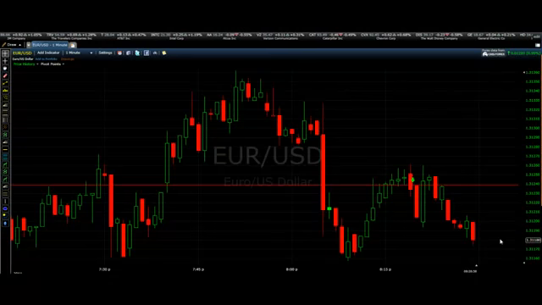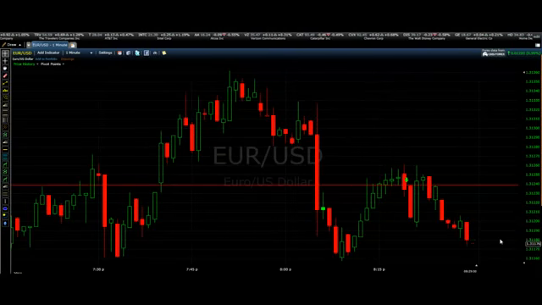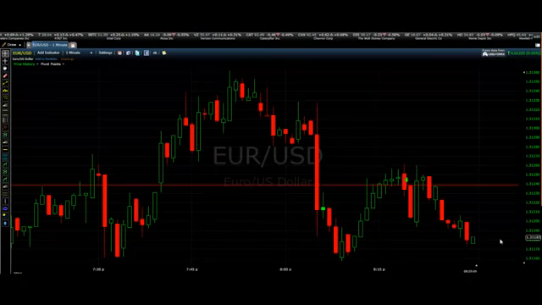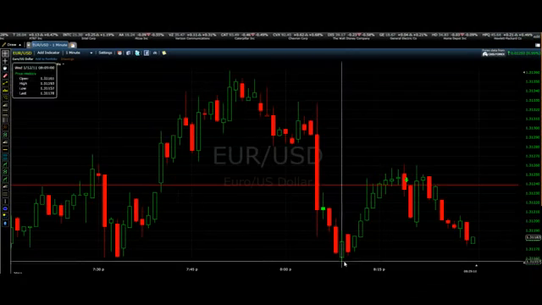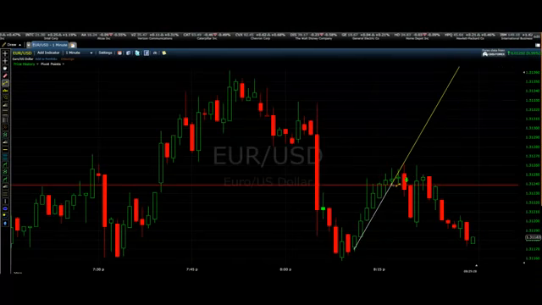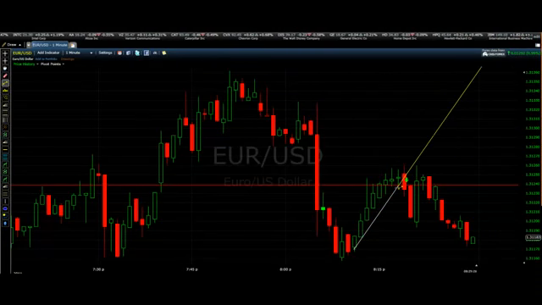We got about a minute left now, so I'll just let this one run and we will see what happens. But I hope I've explained this pretty well of what we're looking for. So we've got this uptrend right here, and I'll draw a little bit up.